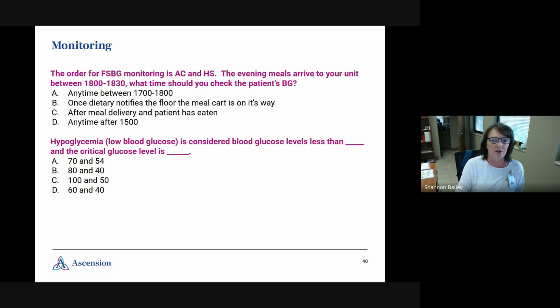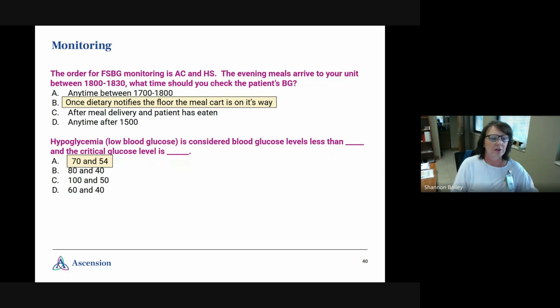So your options are 70 and 54, 80 and 40, 150, or 60 and 40. Yep, you guys that are putting it in the chat, you're 100% right. I forgot to give you that answer. It is 70 and 54. So hypoglycemia is anything less than 70, and the critical glucose level is less than 54.